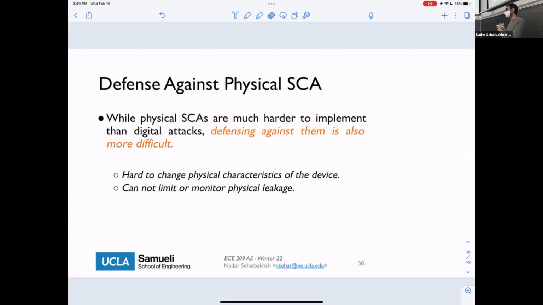For digital side channels, we have different ways to remove the leakage. But for physical side channels, we cannot really remove them because these are physical characteristics. For example, change in power is not something you can remove. It's always there. What you can do is maybe add noise or make it difficult to measure, but these are laws of physics. Changing temperature, changing power, these are not things you can remove, versus digital side channels, where you can remove the leakage by changing the design.